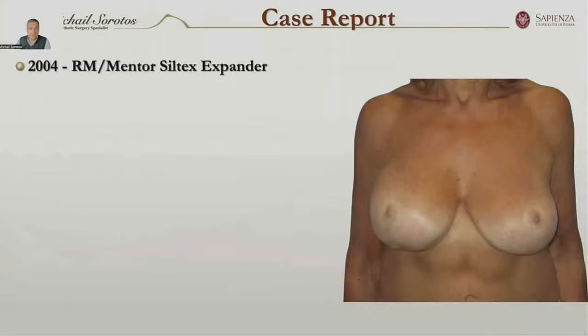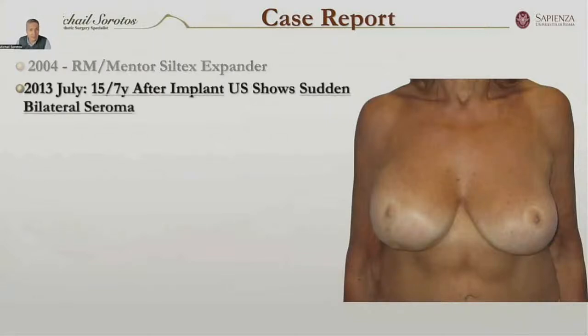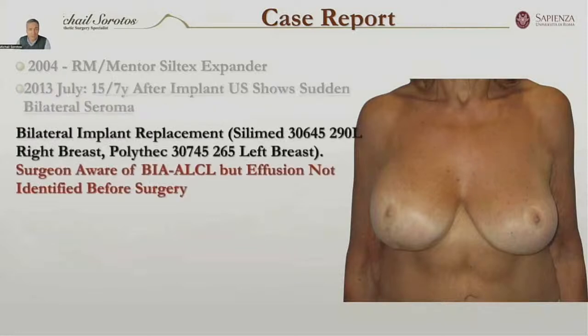A final case of a woman that had an expander, an implant reconstruction, and in 2013 she had a sudden bilateral seroma, but it was not a very important seroma, so it wasn't really evident in preoperative views of the patient.